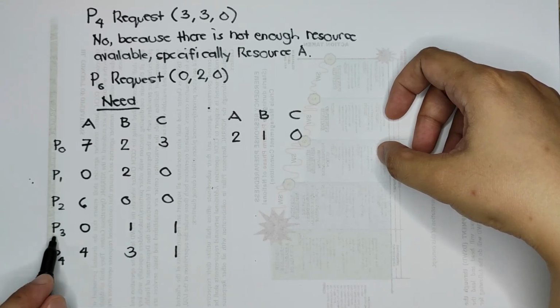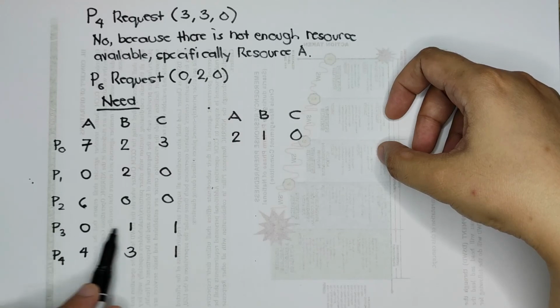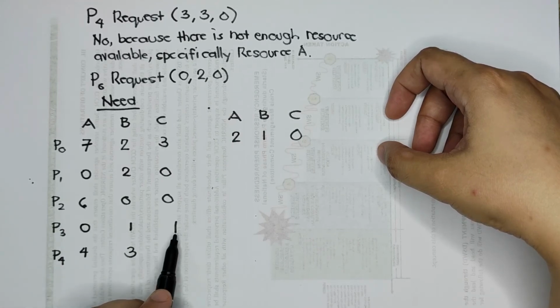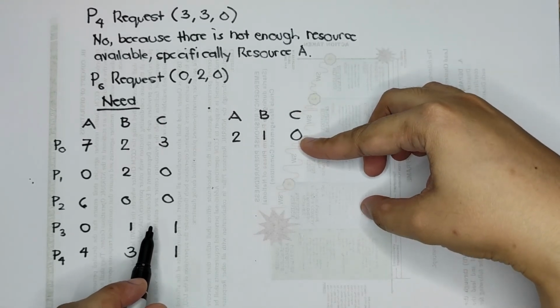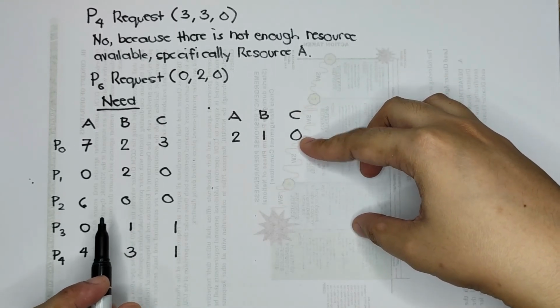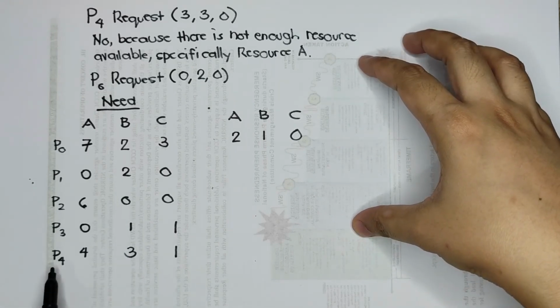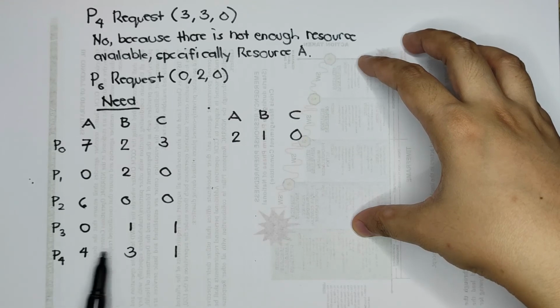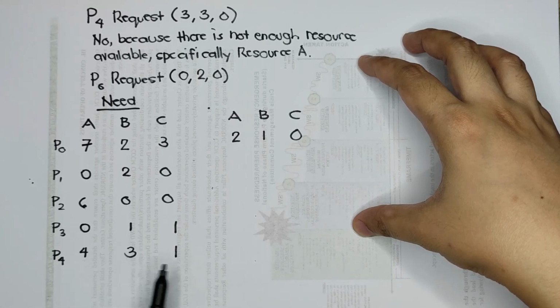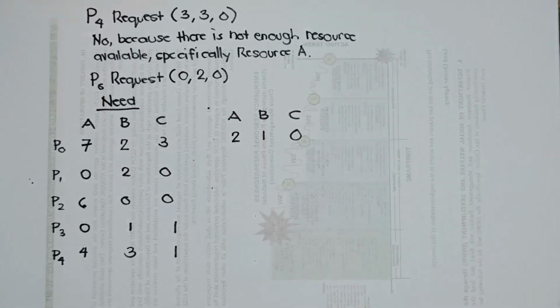For P sub 3, resources A and B can be accommodated, but for C we already have a value of 0, so it cannot be granted. And for P sub 4, actually for all of them, A, B, and C cannot be granted. It is too large, and it needs 1 while available is 0.